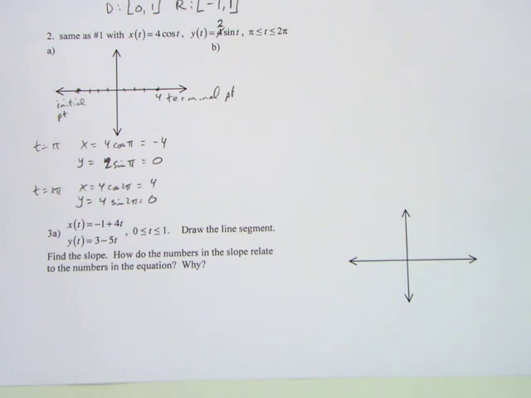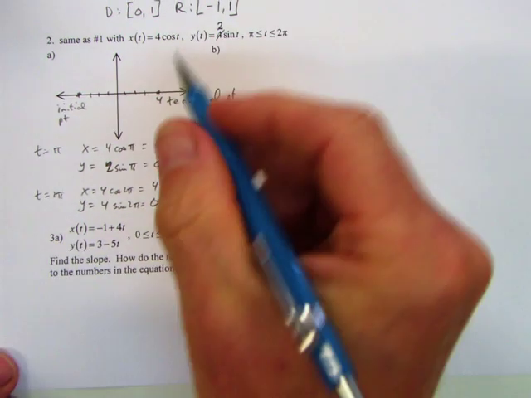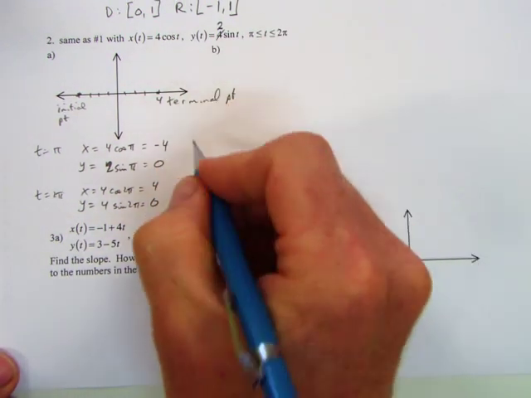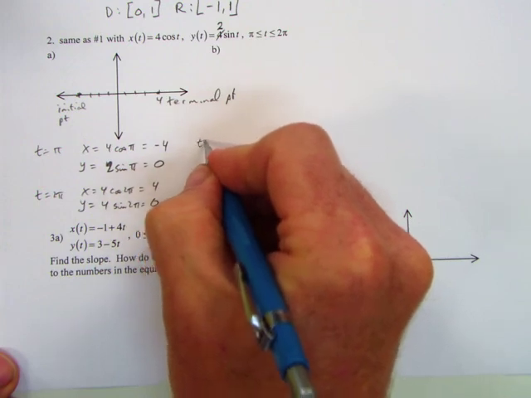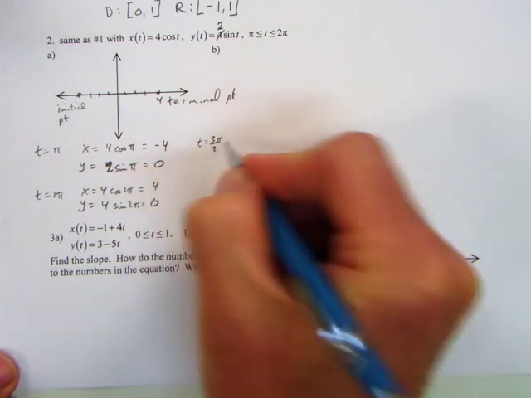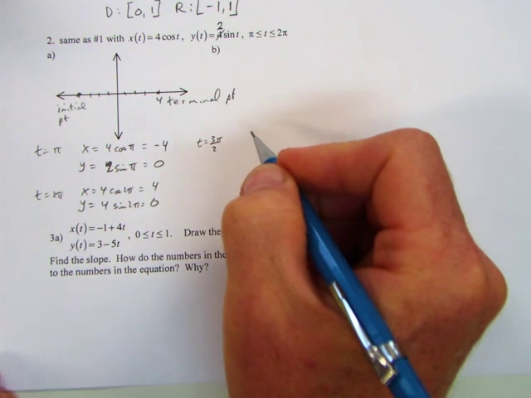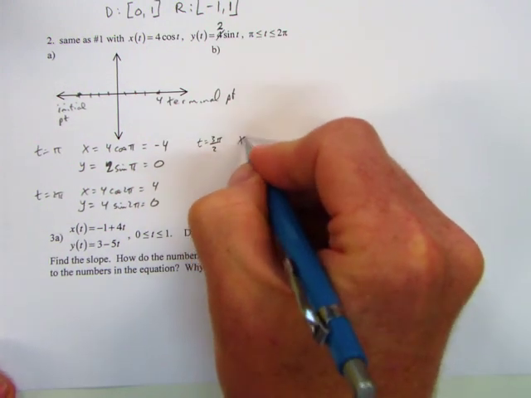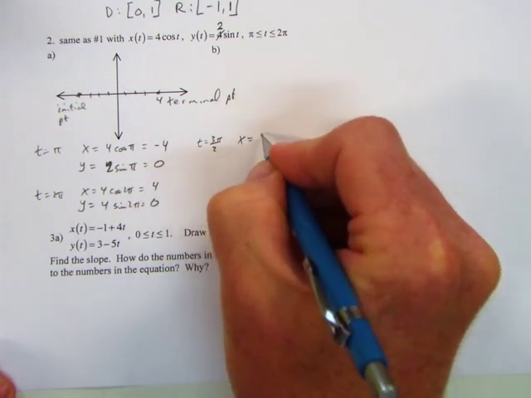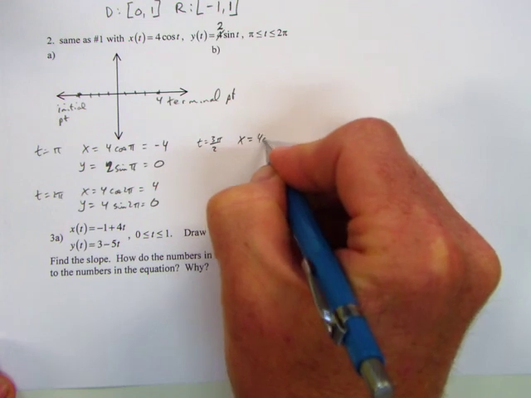Now how do you figure out what happens in between? What is going on with that? We could pick a point in between there, say 3 pi over 2. Right now I'm doing this without the calculator. If I do 3 pi over 2, I'll have x is 4 times the cosine of 3 pi over 2.